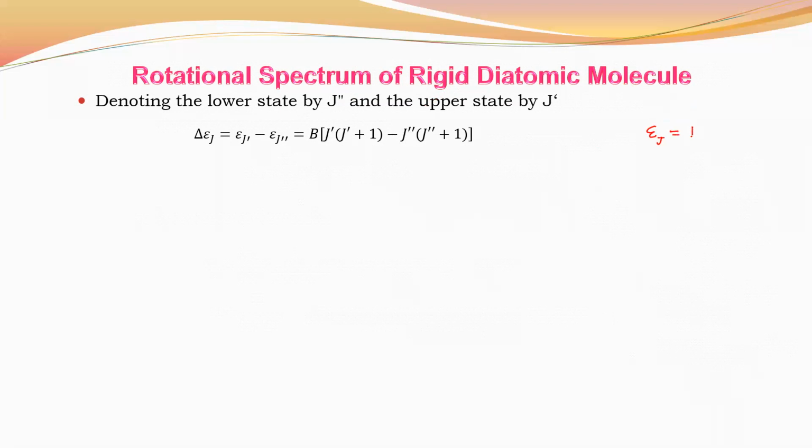We know the expression of epsilon J is equal to B into J plus 1. Then epsilon J dash must be equal to B into J dash into J dash plus 1. Epsilon J double dash is B into J double dash into J double dash plus 1.